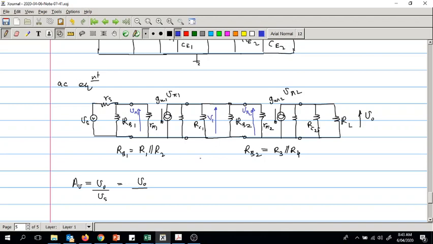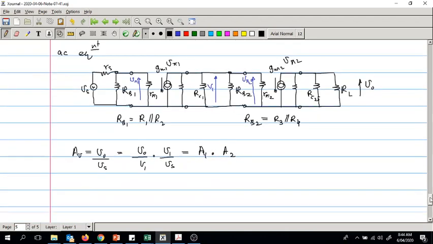Then Vout over V1 is for the second stage, and V1 over Vs is for the first stage, which is actually A1 into A2 cascaded. But there is a little difference here, of course, because the stages load each other.